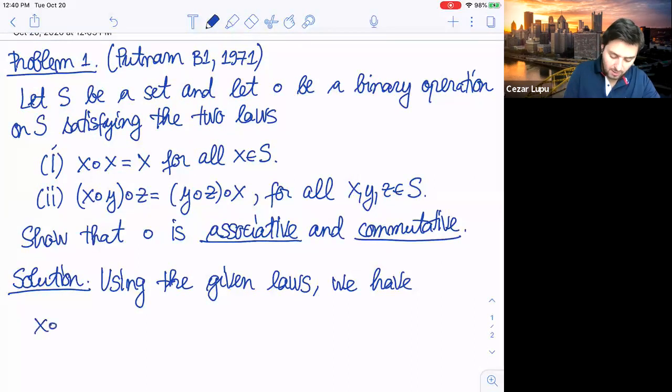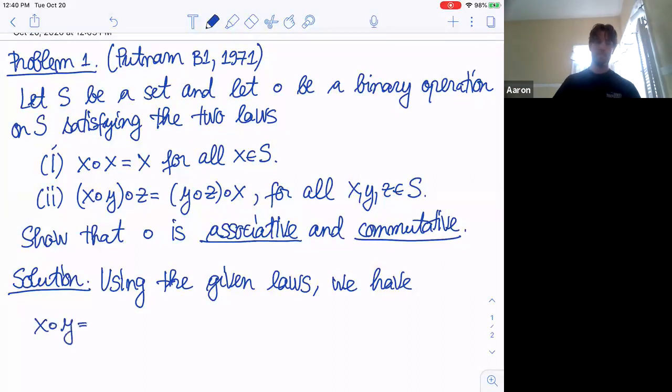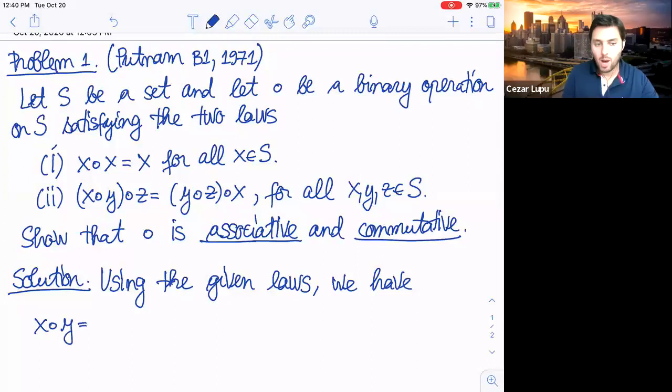So it's x circ y. Maybe I should somehow apply these two laws in such a way that I will obtain that x circ y is y circ x. So that's my plan. So what should I do? Well, using the first law, I can write this as x circ y circ x circ y, right?